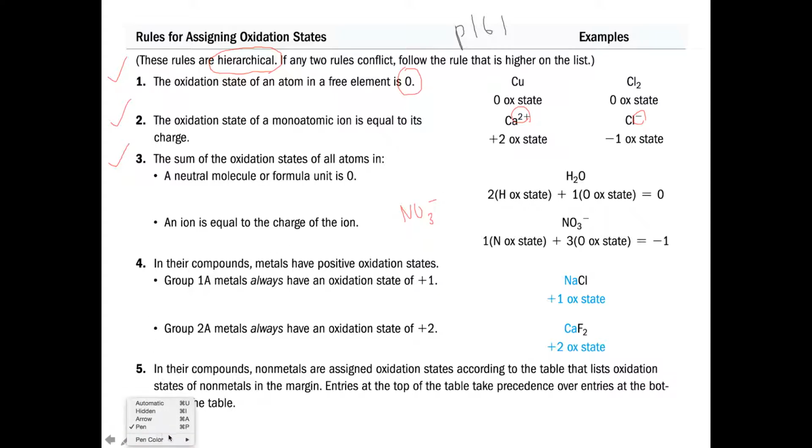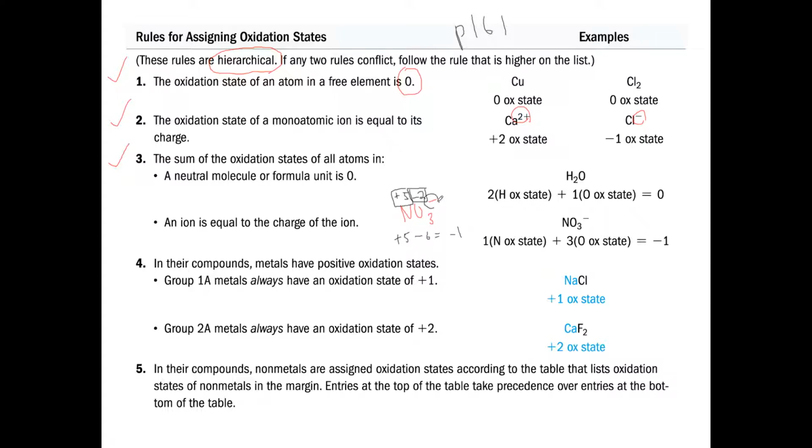Oxygen's going to be -2 because it's in group 6. So -2 times 3 is -6. All of these together are going to equal -1, so this must be +5. Nitrogen's +5.